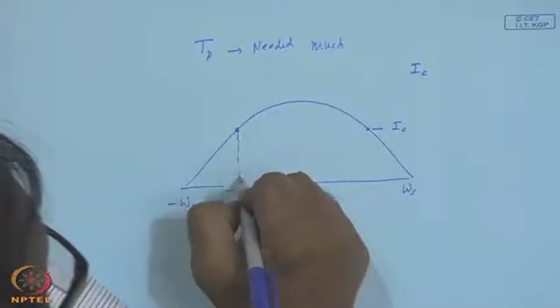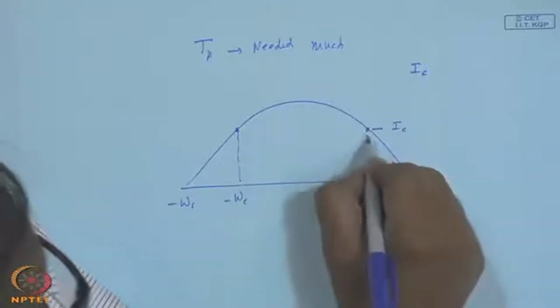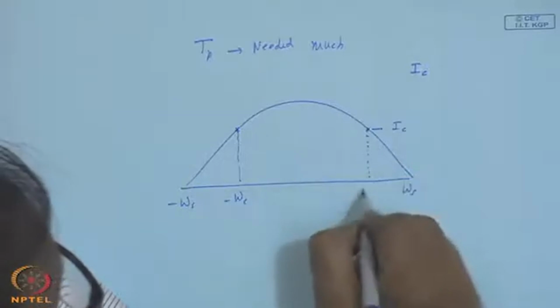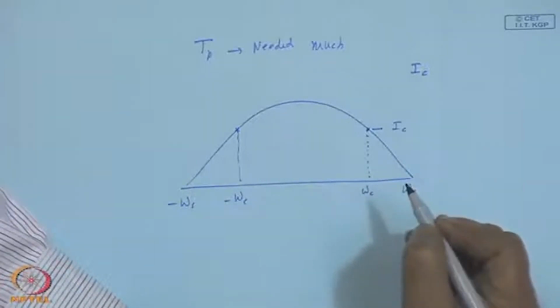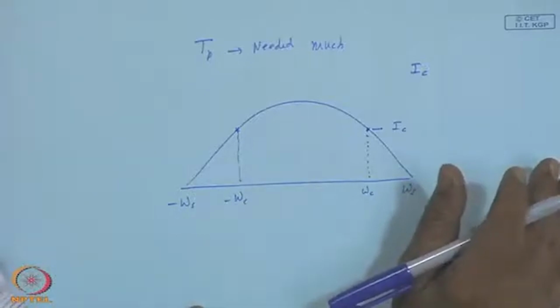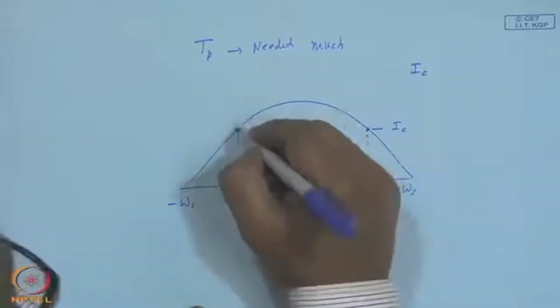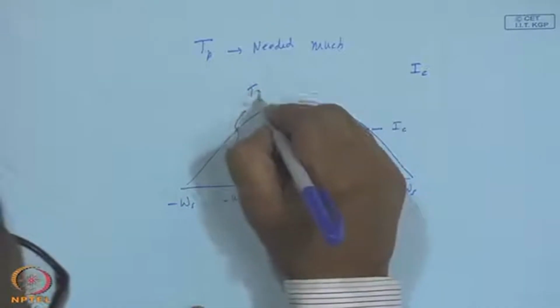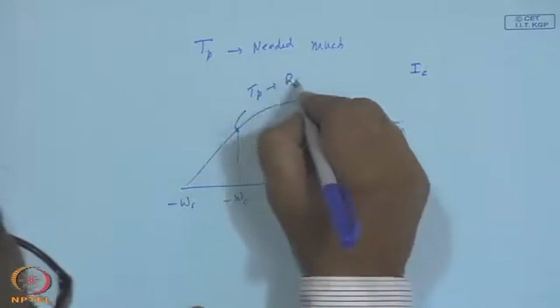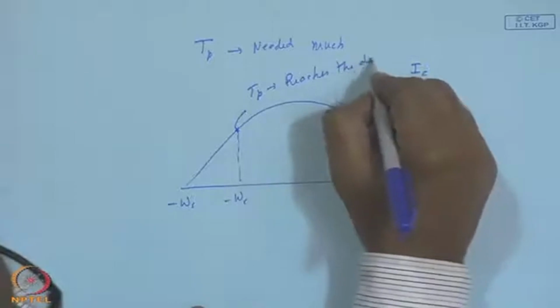Now, over this time period, symmetric about noon, minus omega c to plus omega c, my collector can deliver energy at the temperature that is desired, provided at this particular point or before, Tp reaches the desired temperature.